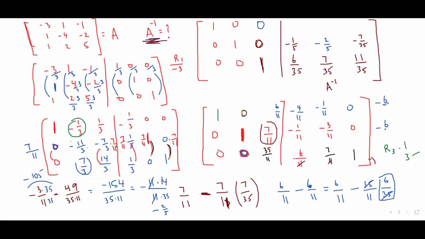Negative 6 over 35 is what I'm multiplying by my third row, just to keep track of what we do, is third equation we're working with. And then I put it together with the number here because of that 0.